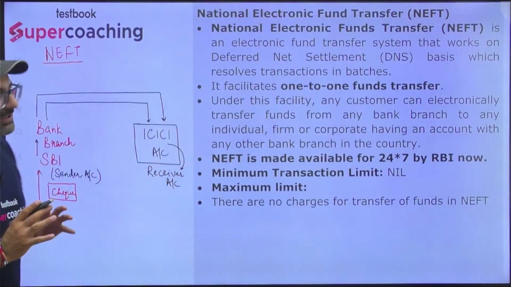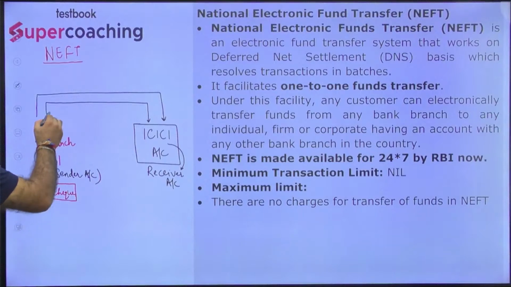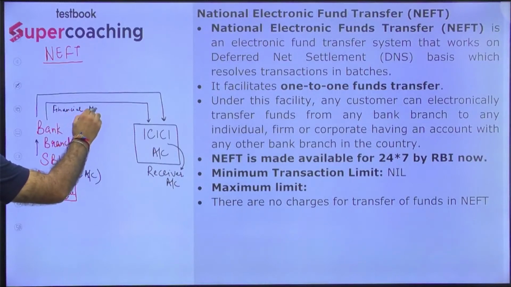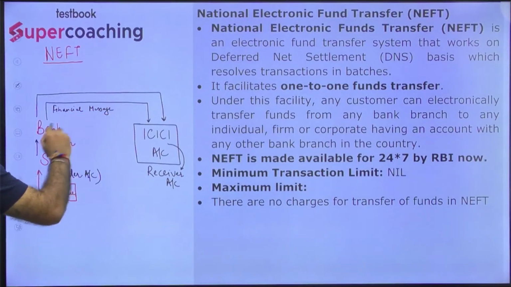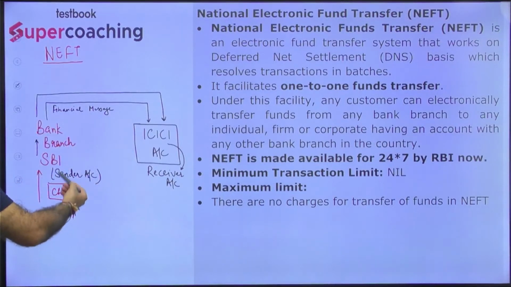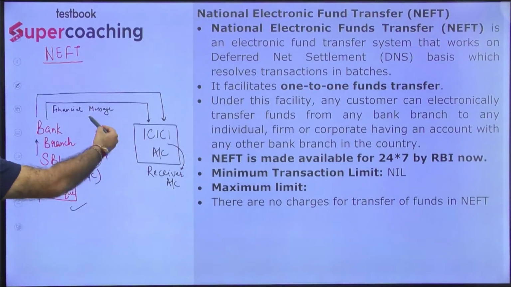Basically, what is the case? SBI will debit the funds from your account and SBI will share a financial message, and in that financial message, ICICI will receive a message where SBI is saying that our customer wants to transfer the funds so and so into your account, and we acknowledge that we have received the funds.